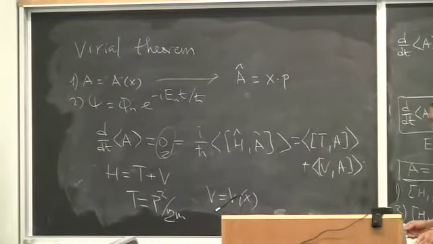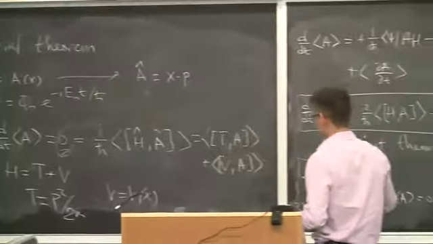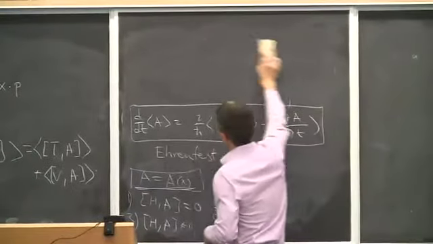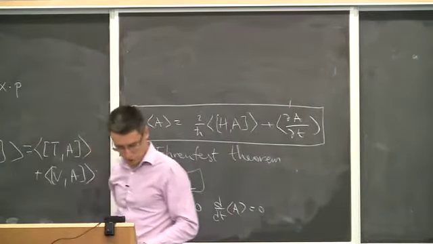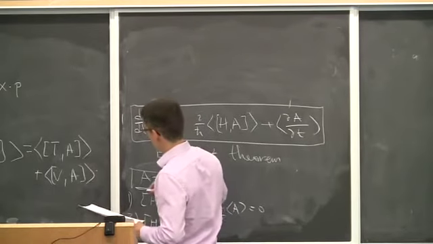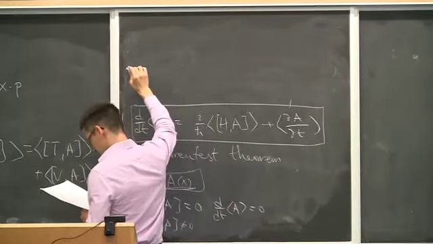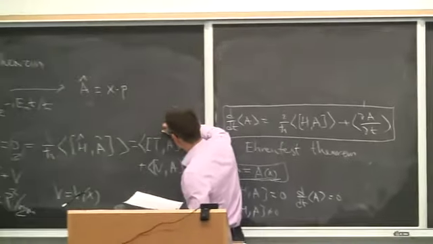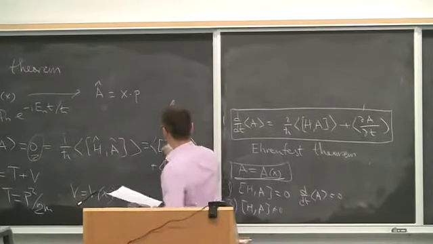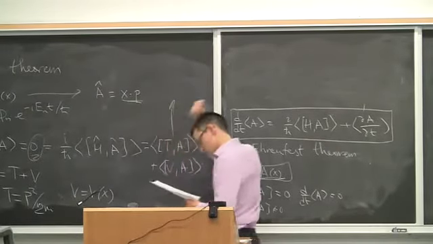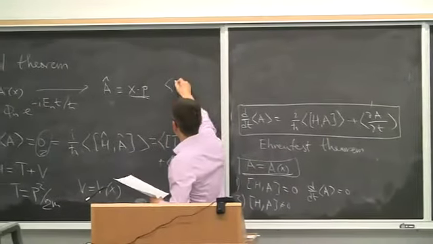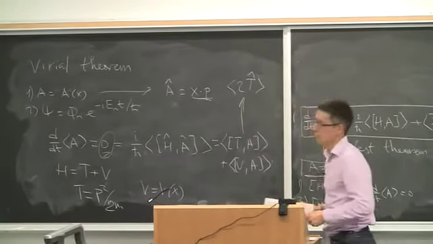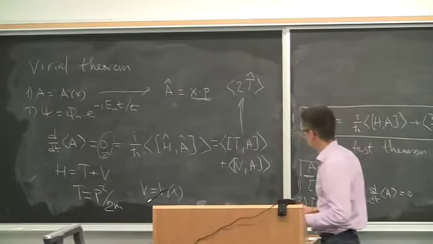So it turns out if we pick the right A, then we get some insight into the way the average kinetic and average potential energy are related. And so again, skipping the whole derivation of the commutators, if you do this commutator with A equals x times p, then you will get 2 times the average T value.